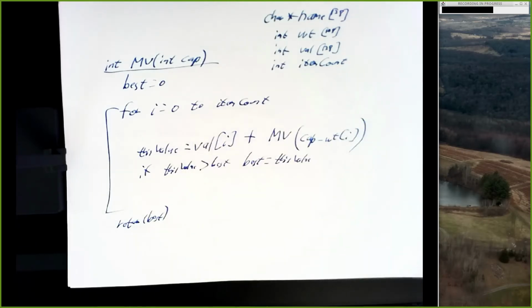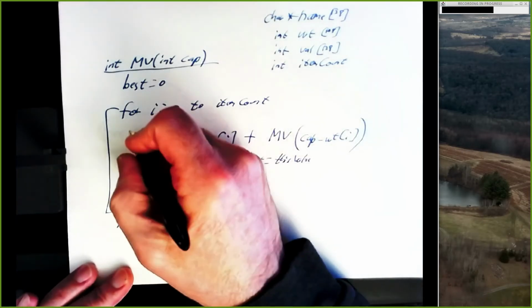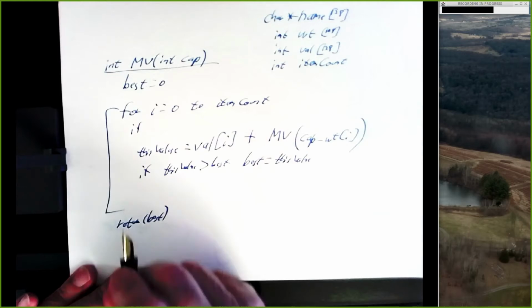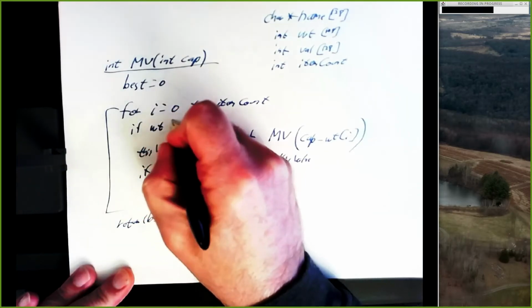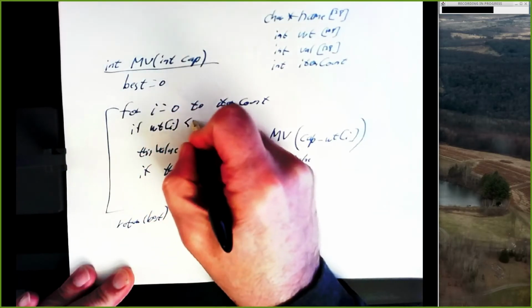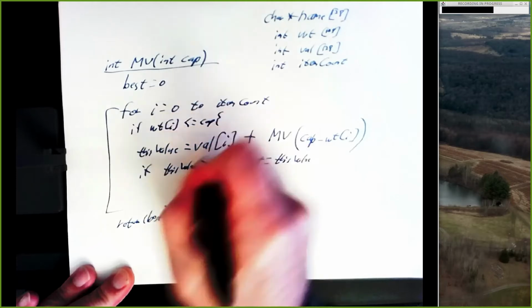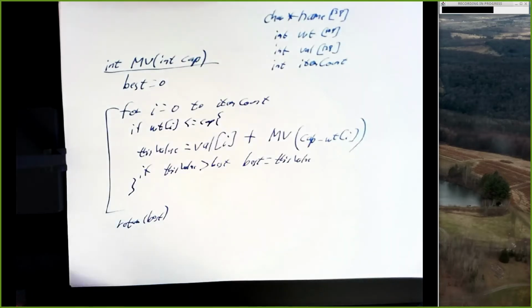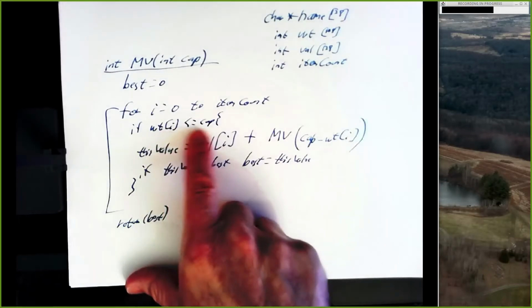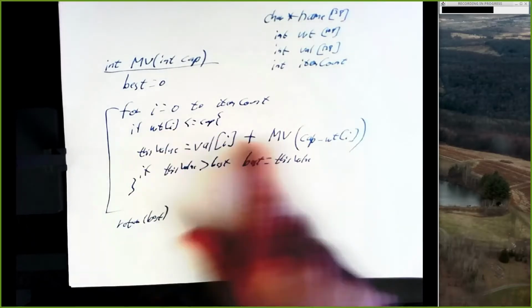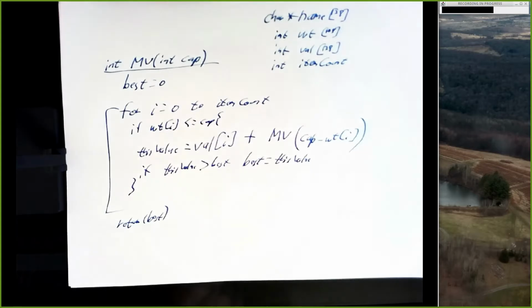So we need to preface this with a conditional. So if the weight of item I is less than or equal to the capacity, then we can do this check. But if item I weighs more than what the bag can hold, we don't get to calculate this value.